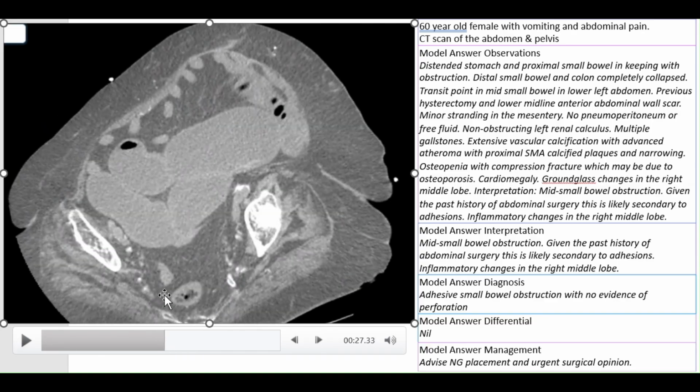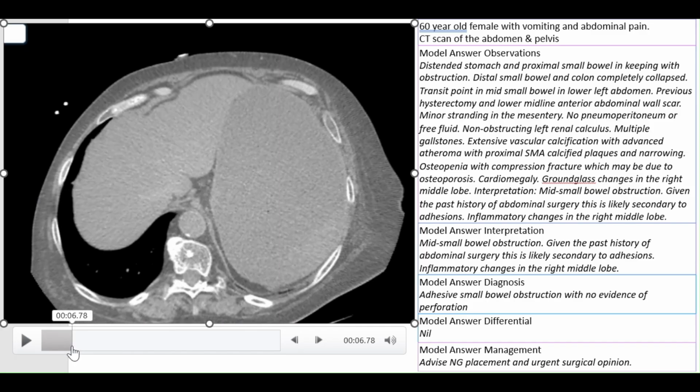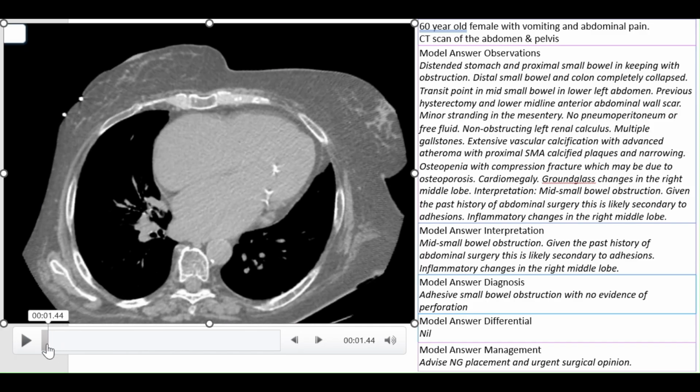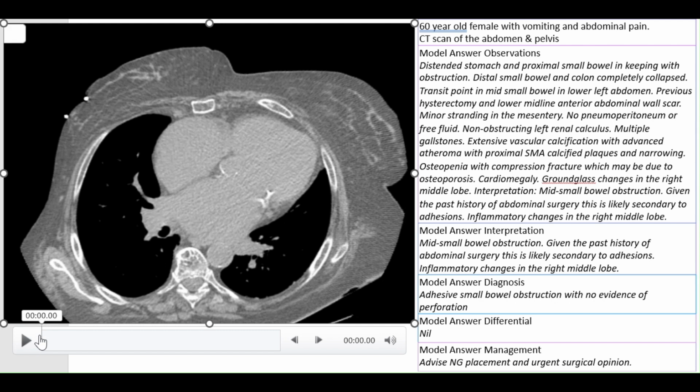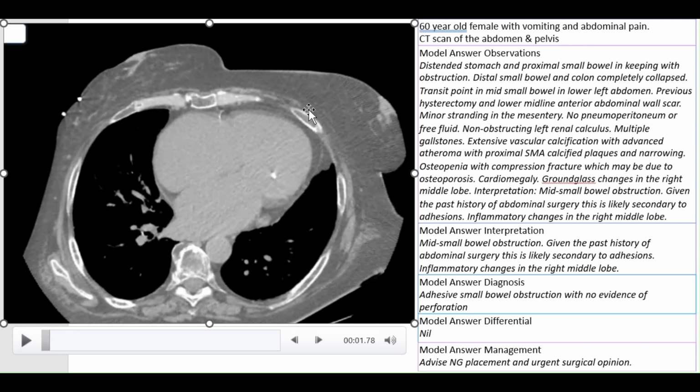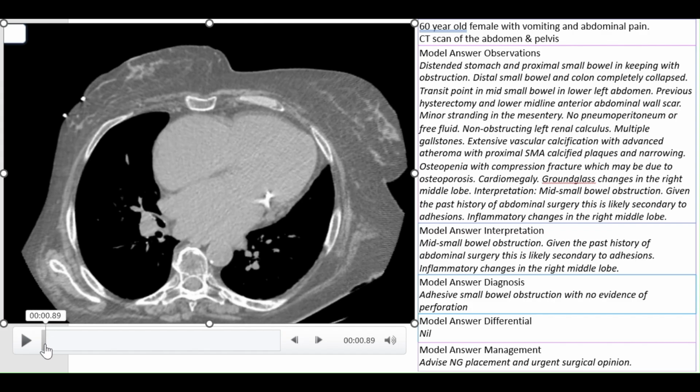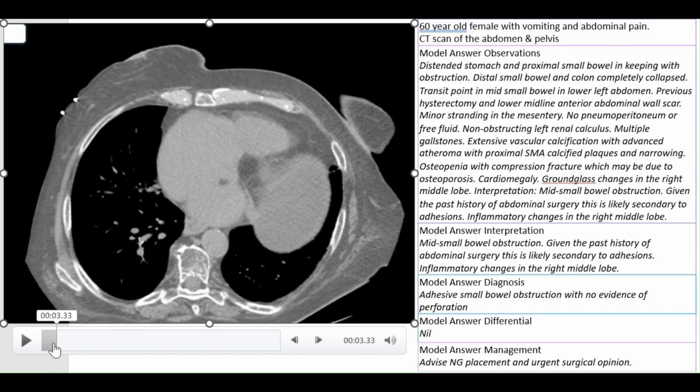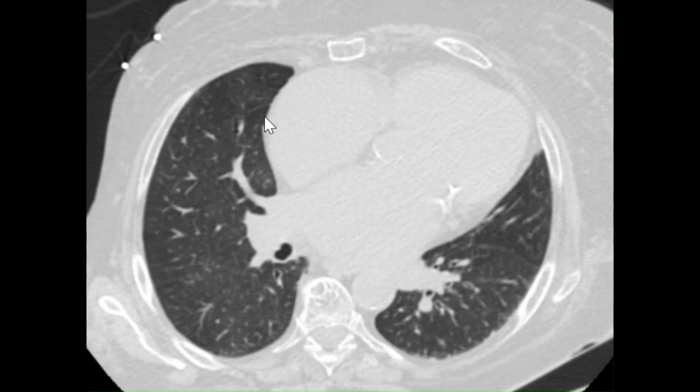There is also cardiomegaly. As you can see here, there's cardiomegaly. Ground glass changes in the right middle lobe.